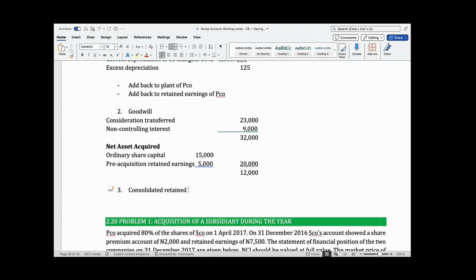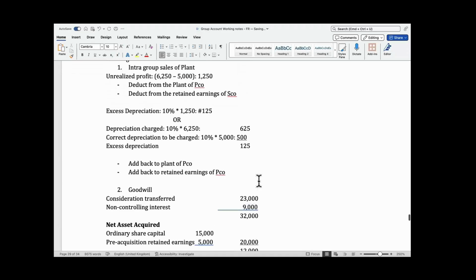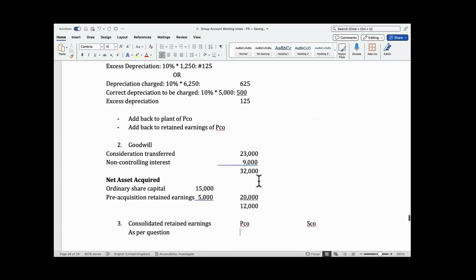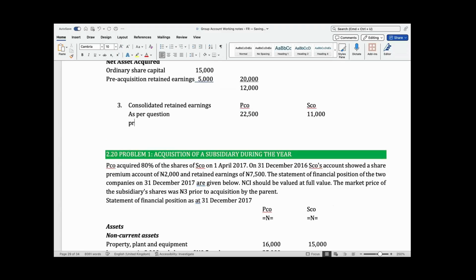Then consolidated retained earnings of Pico and ESCO. As per the question, 22,500 and 11,000, Abi. Yes, sir. Remove what?